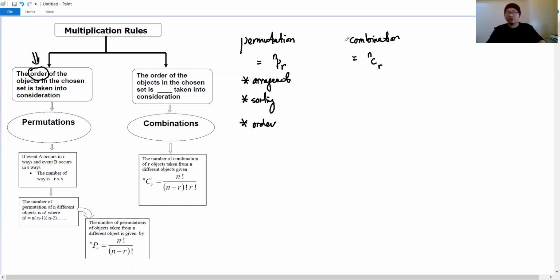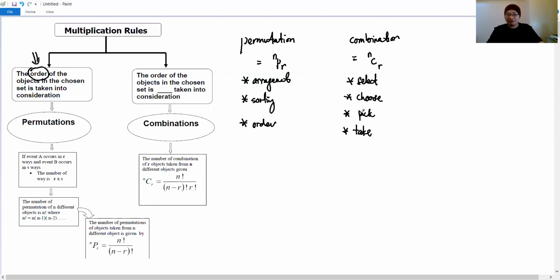When are we going to use the combination formula? If the question mentions selection or selected, or chosen or choose, number 3, pick. We are talking about pick, not arrange. And number 4 is take.